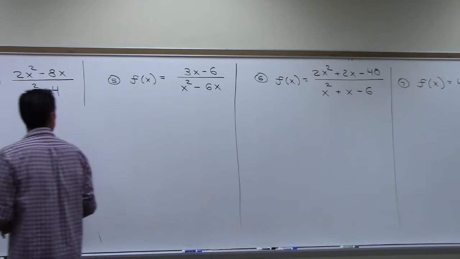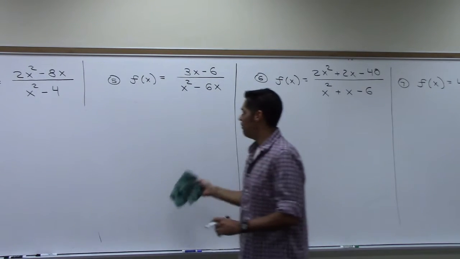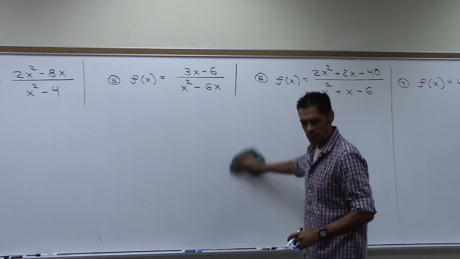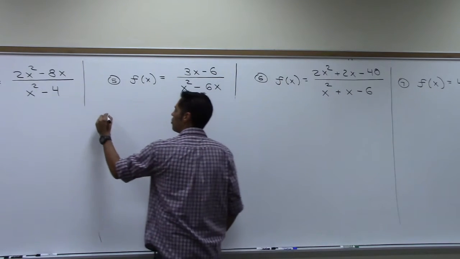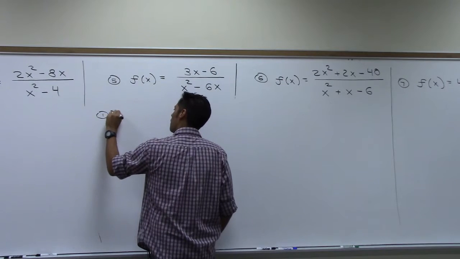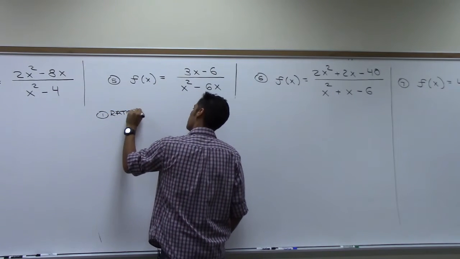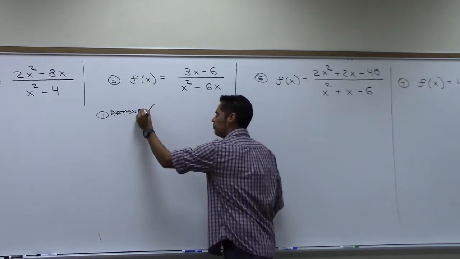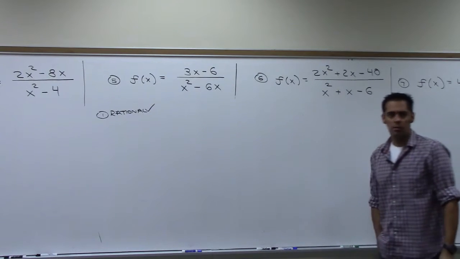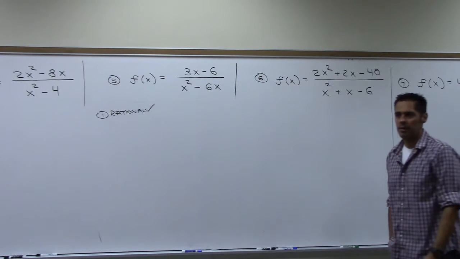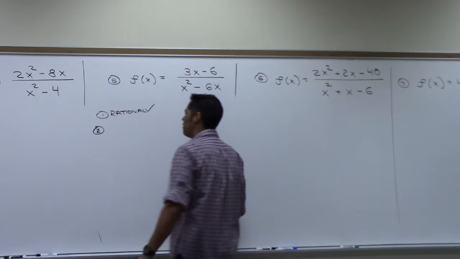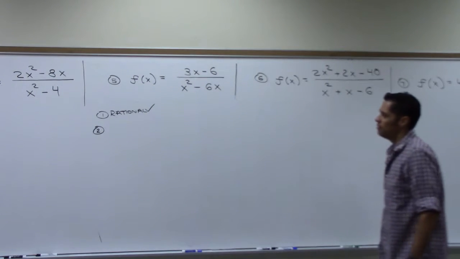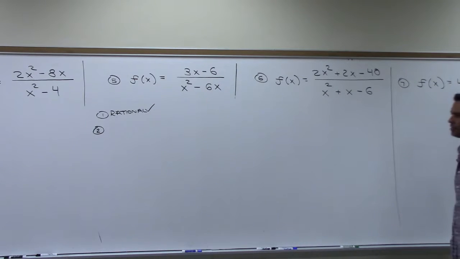So for 5, I have what type of function here? Rational function. Since it's a rational function, I have a whole slew of steps. I think there's 7 of them, right? So after identifying what it is, I'm going to find what? X-intercepts.